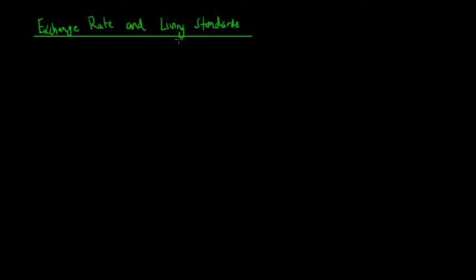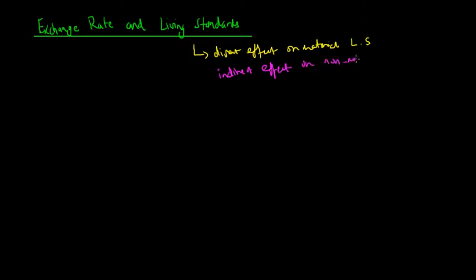So we're going to assume, for the purpose of this lecture, that the exchange rate has a direct effect on material living standards, but a very indirect effect on non-material living standards.